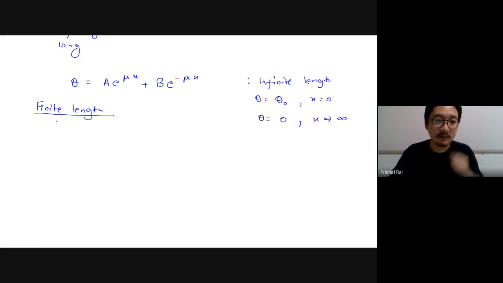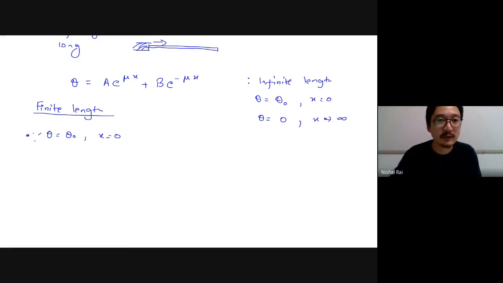So similarly, the boundary conditions for the finite length: theta should be theta 0 at x equals 0, at the left side of the bar. The left side of the bar was heated and the heat was allowed to flow in a linear manner. This is the one on your left, at the boundary where x equals 0.